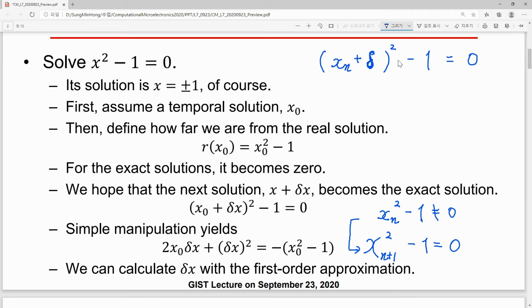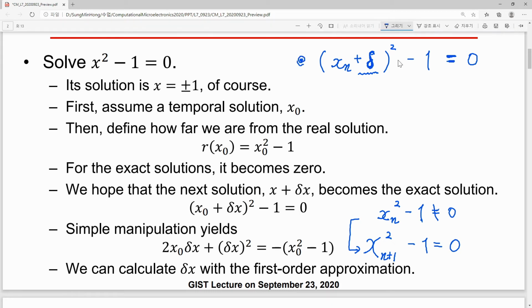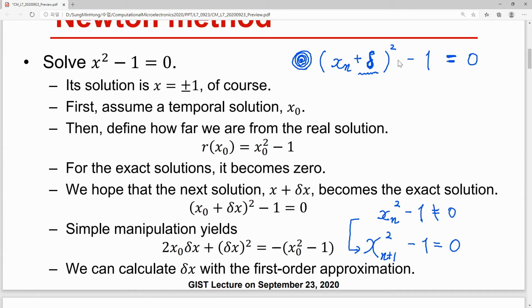Although xn itself does not satisfy the left hand side equal to 0, we hope that by adding the correction or update delta, then this one really satisfies the equality. In order to satisfy this assertion, what we can do is just to solve it. How can you solve? In this case, we treat delta as an unknown variable.